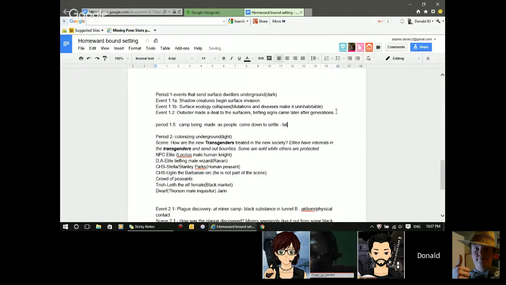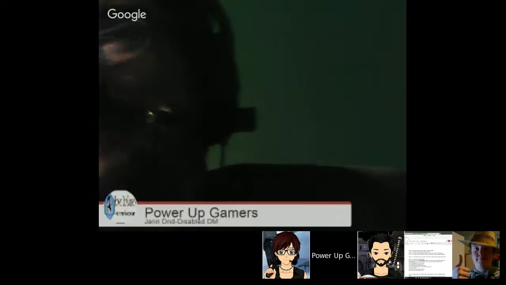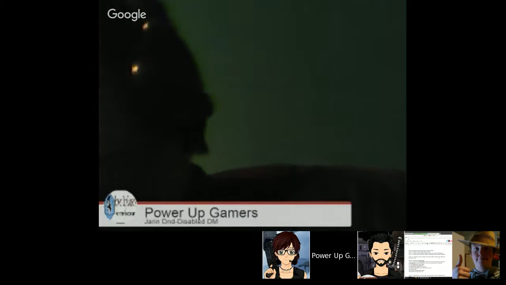Later they become bigger cities. This would be where they are tent cities, where they're picking locations. So tent cities first, then buildings come later, or at least what would be constituted buildings. Awesome. So it would go to Cal to make an event, a period, or a scene.